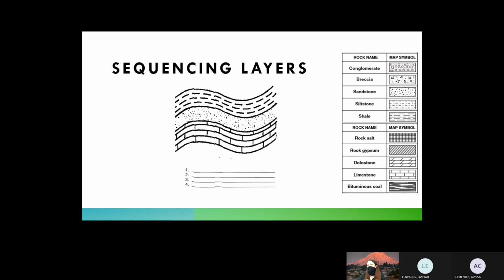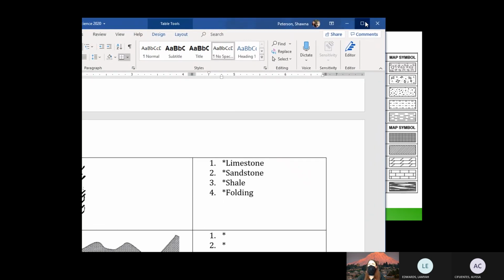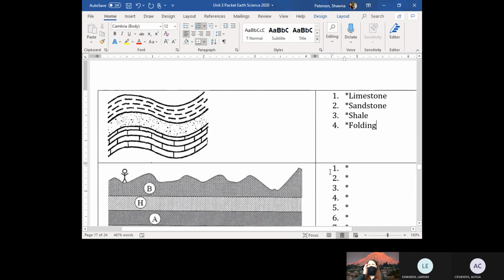I'm trying to get to this in the notes too, so I can type it with you guys. Oh, there we go. All right, so it'll look like that in your note packet.